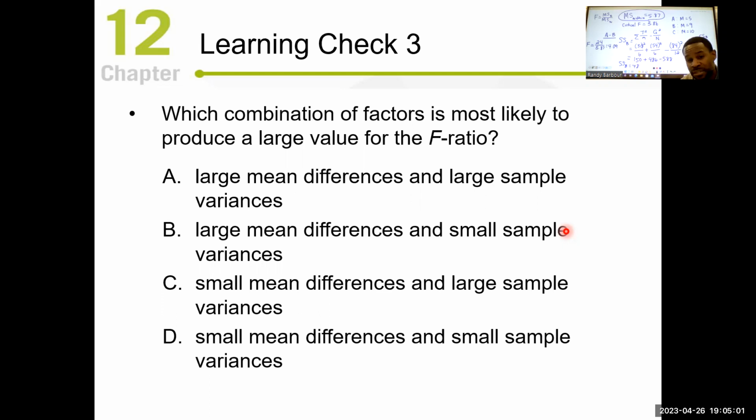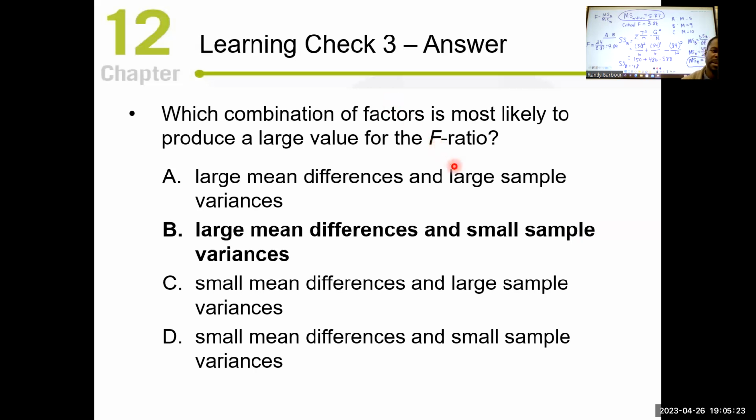The larger those differences, the larger your F ratio will be. And having a smaller sample variance is really important, meaning that the scores are a lot closer together. That means you're probably going to get a higher F ratio. So that's going to be B, right? Larger mean differences and a small sample variance are probably going to give you a larger F ratio.